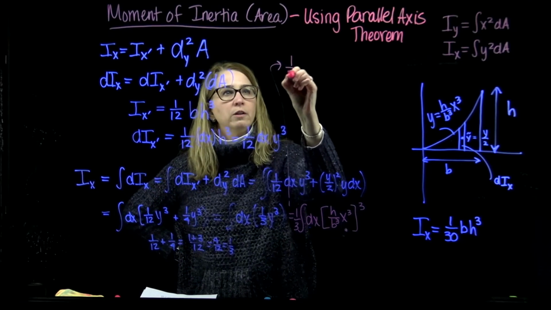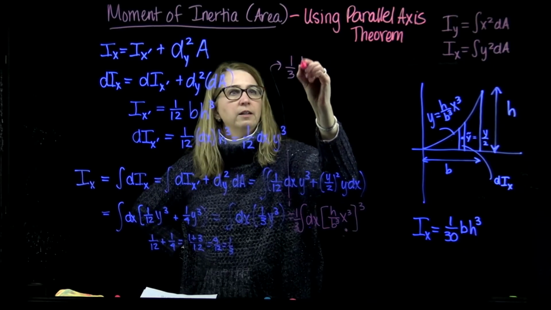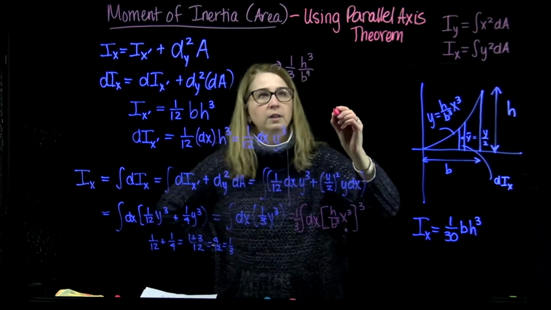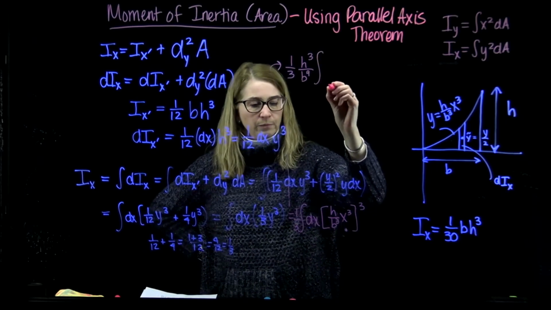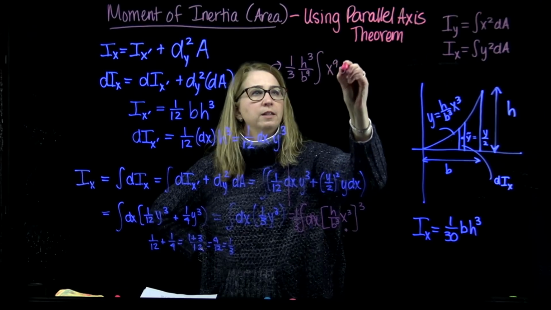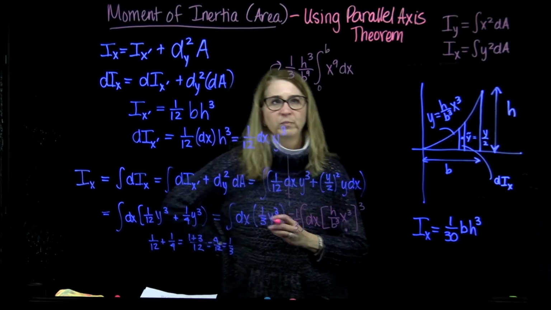So we got 1/3. And then I'm also going to have h cubed over b to the 9th, and then the integral of x to the 9th dx, and x goes from 0 to b.